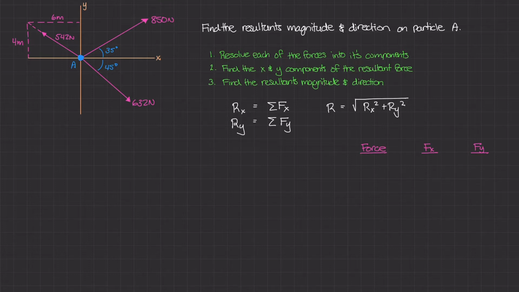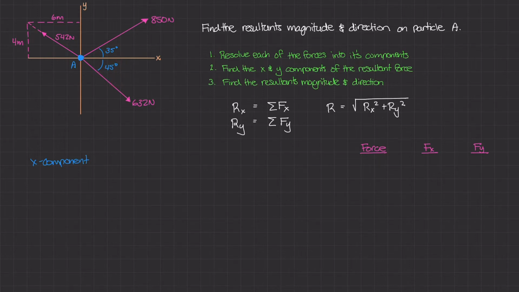So let's go ahead and start with the first force, and you can pick whichever force you'd like. I'm just going to go ahead and do the 632 Newton force first. For the 632 Newton force, the x component is going to be, well, if you look at this force, you know that it's going this way, and there's a little angle here of 45 degrees.